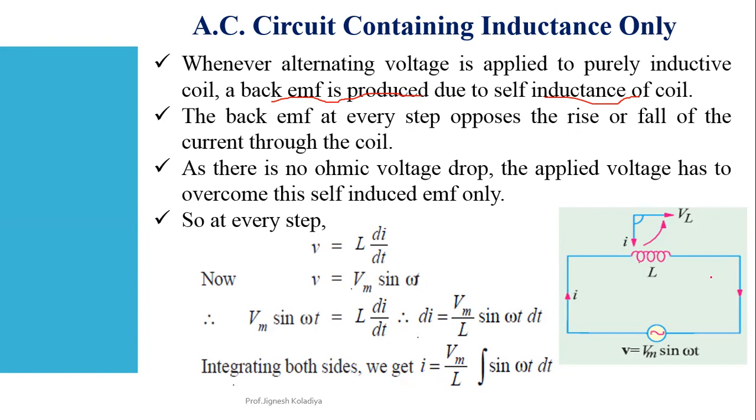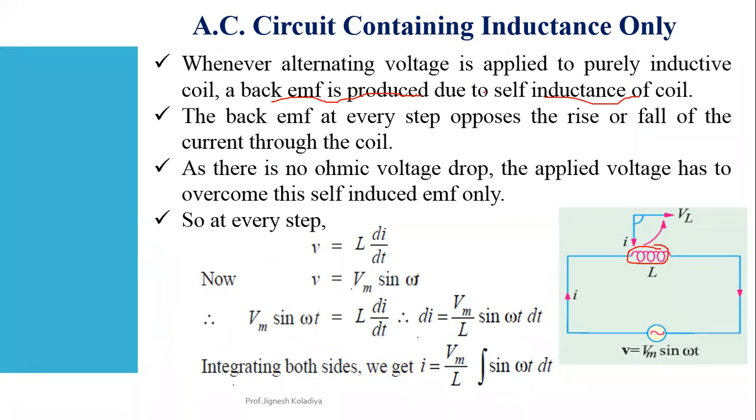If you remember the generation theory, generation of alternating voltage, we have discussed that whenever current is passing through the coil, this inductor is nothing but the coil which has a number of turns. Due to Faraday's law of electromagnetic induction, the self-induced EMF is produced over here, or we can say the back EMF is produced due to self-inductance of the coil.